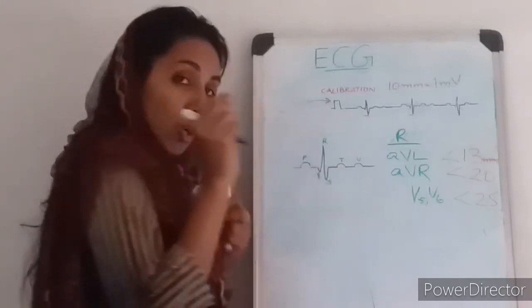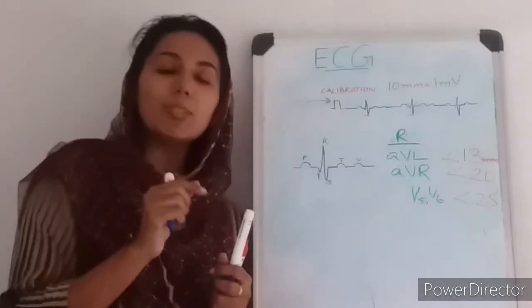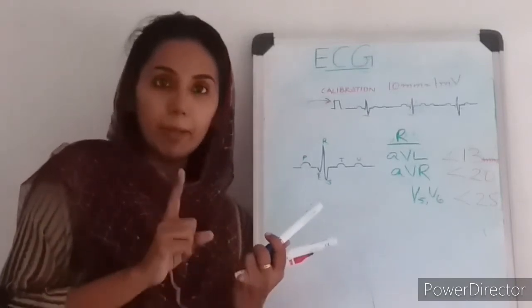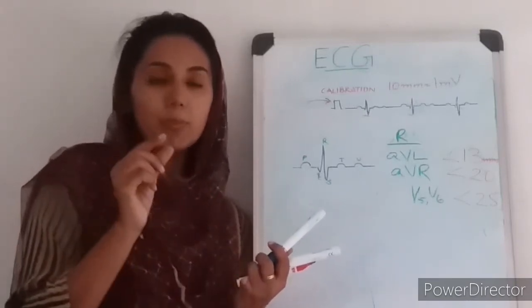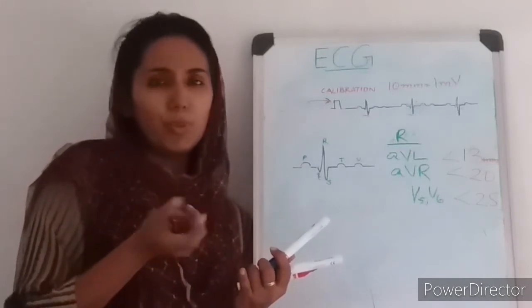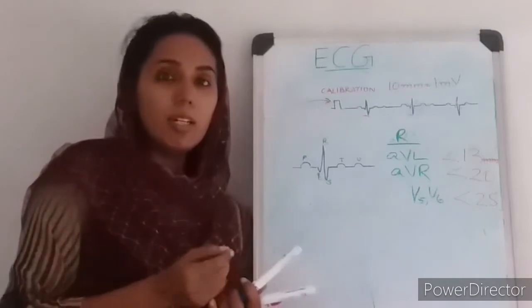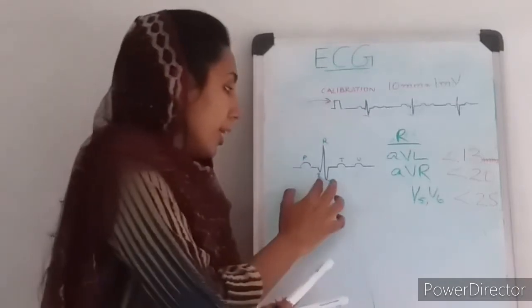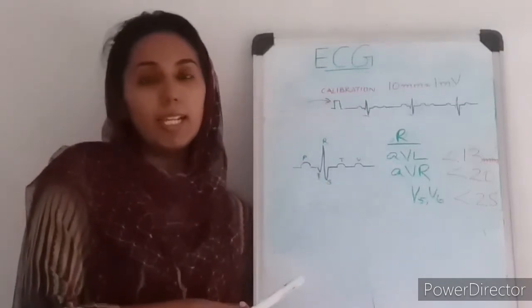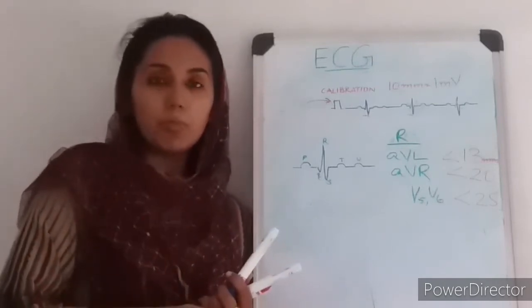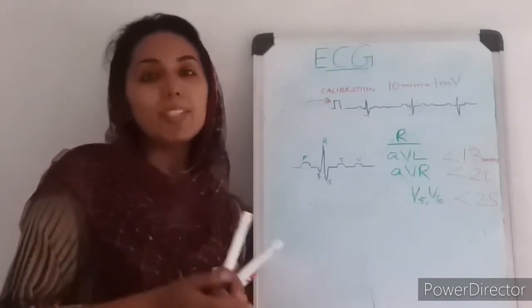The whole duration of the QRS will again be less than 3 small squares. As a recap, the P wave is around 2.5 small squares, that means 2 to 3, you can remember 2.5. The QRS is also less than 3 small squares. If it is more than 3 squares, we have to suspect a wide QRS.